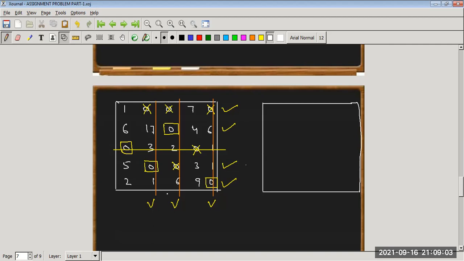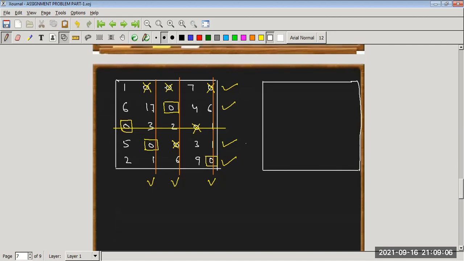Now we find the minimum of this, and minimum again we find minimum number, that is theta is equal to 1. So subtract 1 from those numbers where no line passing through it.